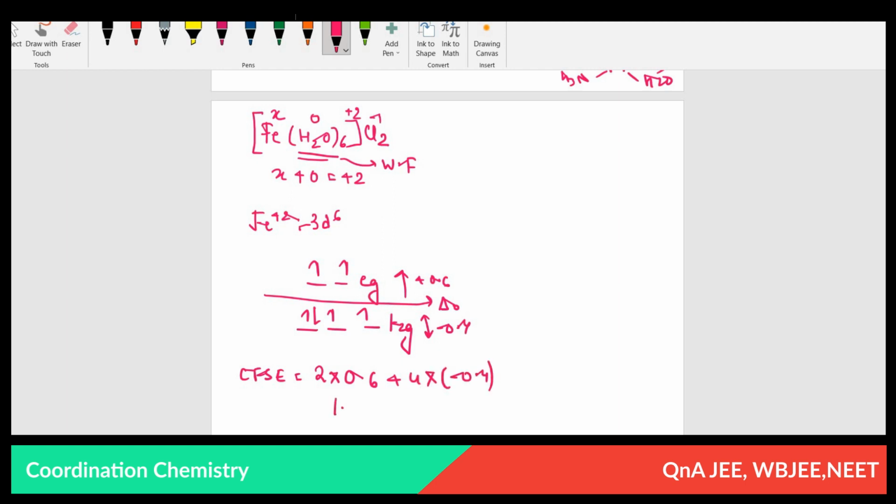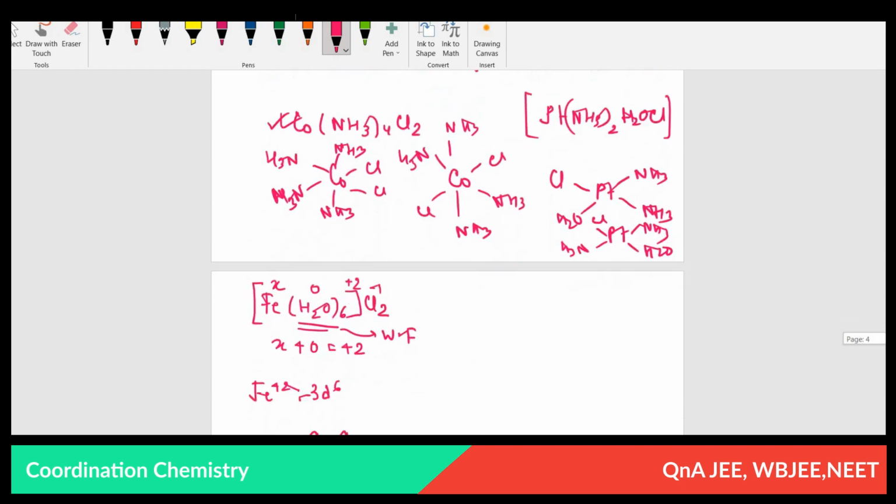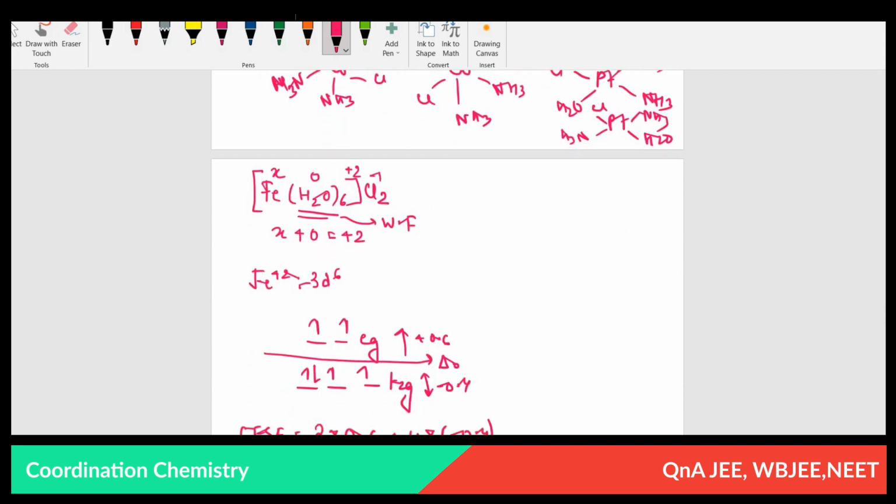This gives rise to 1.2 minus 1.6, which is equal to -0.4 delta. Right? Now, when you get this answer, automatically option C and D is eliminated because it does not match with our given answer. So we just have to see whether option 2 is correct.